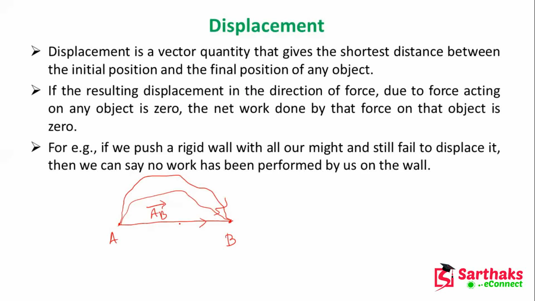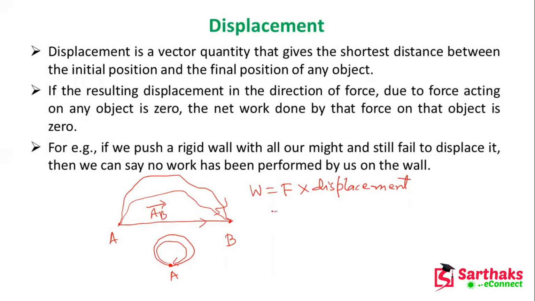If the resulting displacement in the direction of the force acting on the object is 0, then work done equals 0, because work done is the force into displacement, right? Suppose this is a circular path from A, you are moving in this circular path and you are coming back to this point.